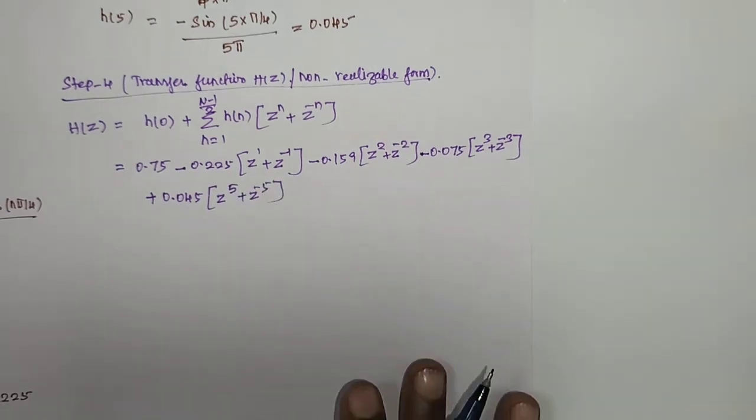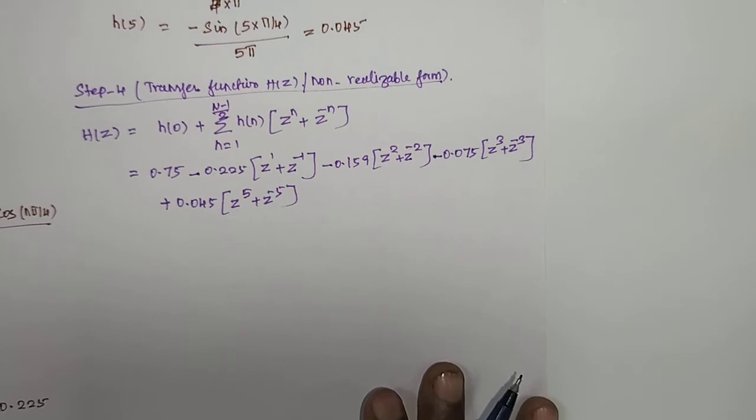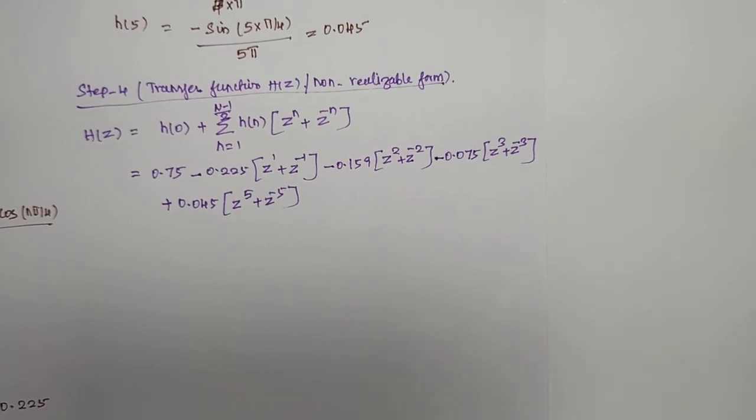So we found the transfer function h of z, which is a non-realizable form.